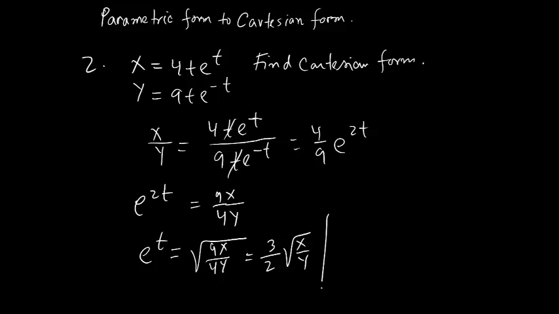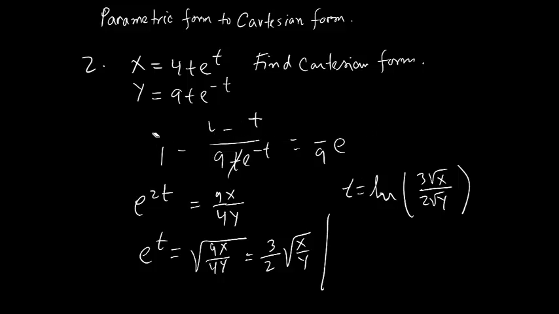Now if you want to see what your t is, you know from pre-calculus that you can go to logarithm. So natural log of 3 square root of x over 2 square root of y. You can write it like that. So that is giving you t and e to the t. Now we need to eliminate t from our equation to get our Cartesian form.